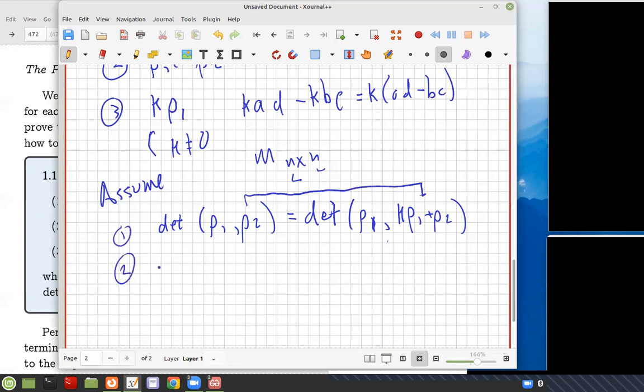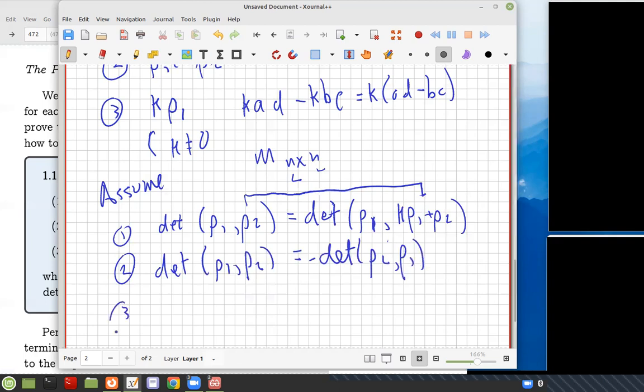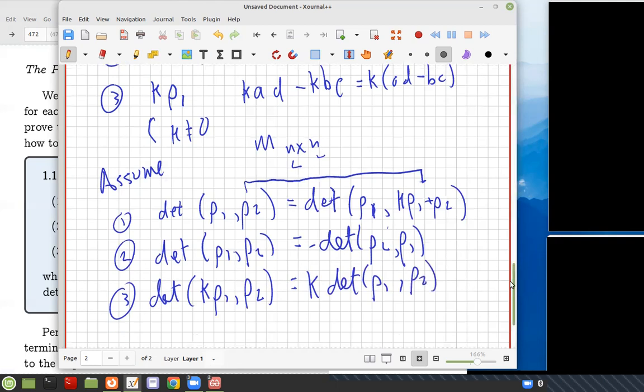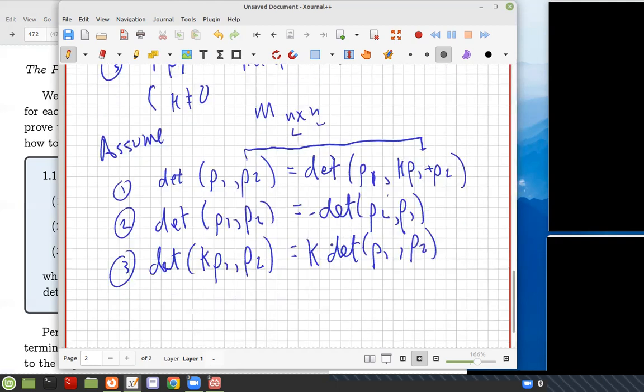The second one is the determinant of row 1, row 2 equals minus the determinant of row 2, row 1. The third is going to be the determinant of k times row 1, row 2, which equals k times the determinant of row 1, row 2. This is different than multiplying a matrix by k, right?